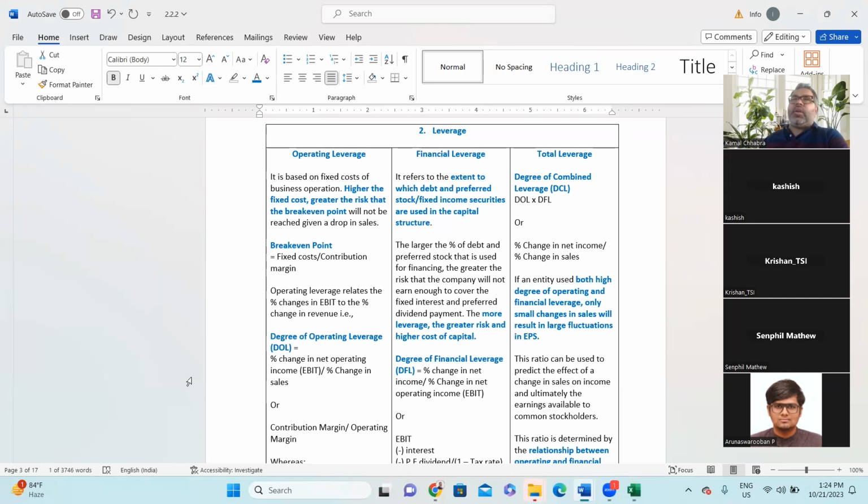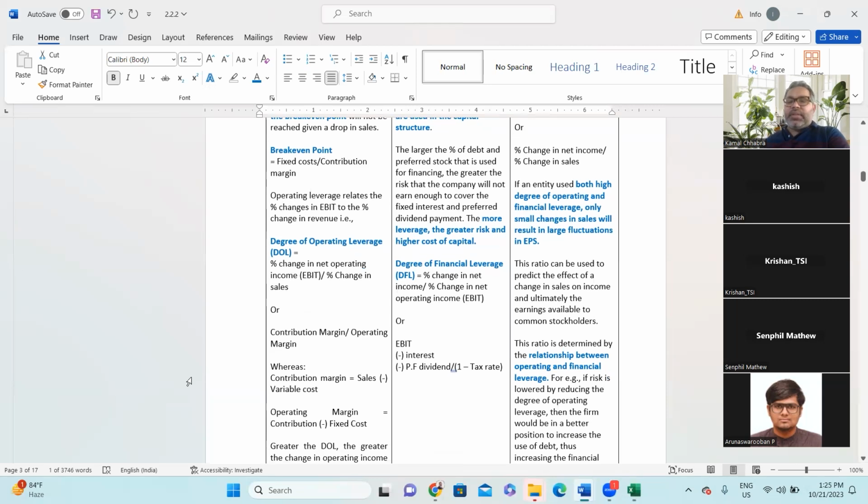How many debentures, how much debt, how many loans you have taken, and how many preference shares you have issued, for which the dividend is fixed and cumulative, right? The larger the percentage of debt and preferred stock used for financing, the greater the risk that the company will not earn enough to cover the fixed interest and preferred dividend payment, right? The more leverage, the greater the risk and the higher the cost of capital.